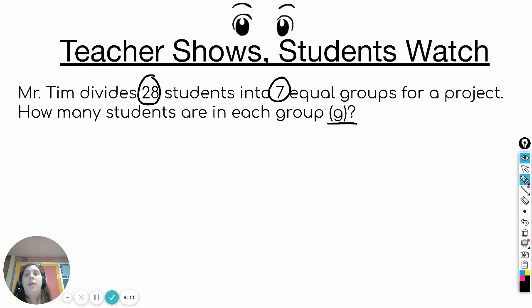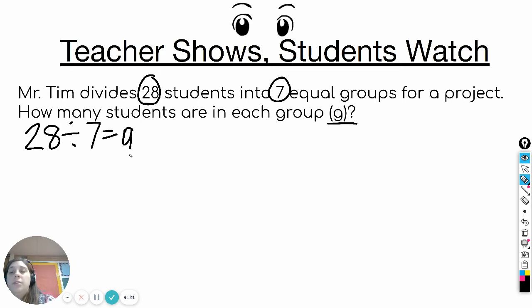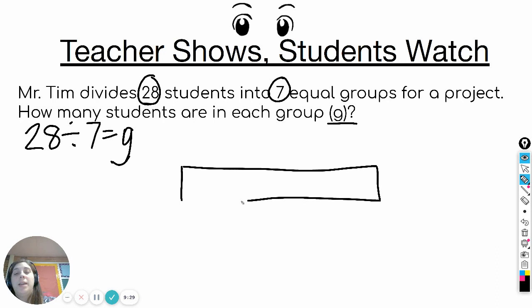So first I'm going to write my problem. It's division, so I know my big number goes first. 28 divided by 7 groups equals G. Equals how many groups? Next thing I do is I start with my big piece of tape for my tape diagram.